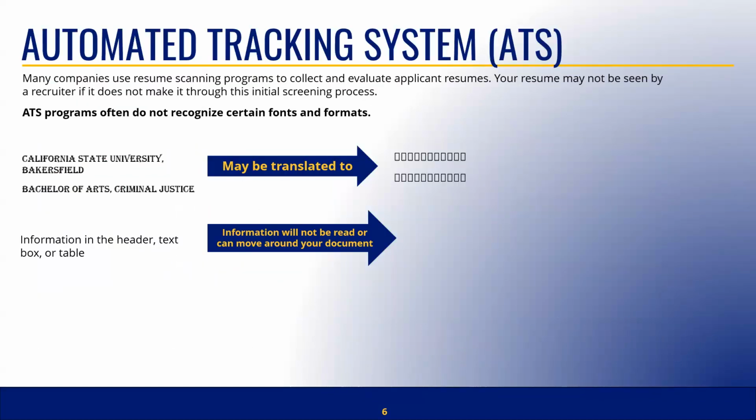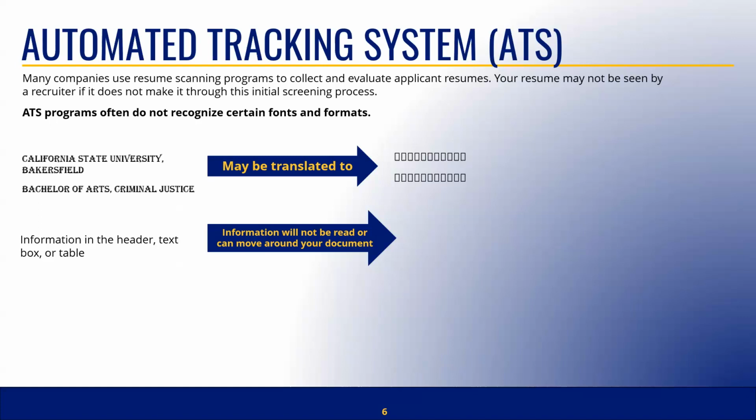What is an ATS system, or the applicant tracking system? This is a software that employers and companies utilize in order to collect and evaluate applicant resumes. Your resume may not be seen by a recruiter if it does not make it through this initial screening process.